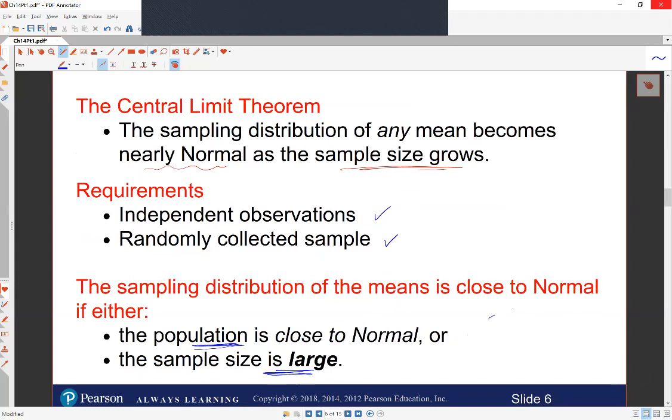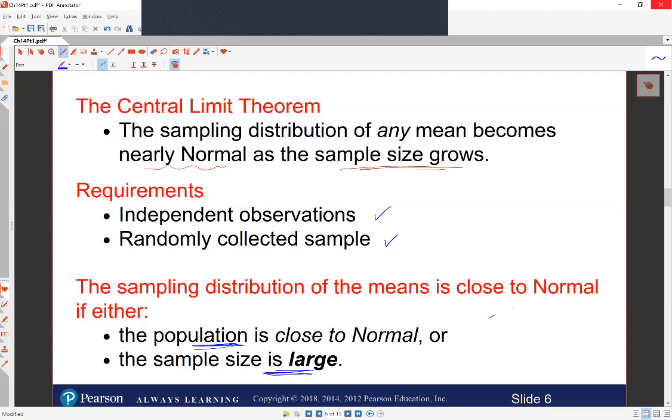So if you are interested in making a statement about a sample mean, then you will want to check if the central limit theorem applies. So you need to verify or state your assumptions regarding independence and random selection. And then you also need to look at the shape of your original population. Is the original population close to normal?